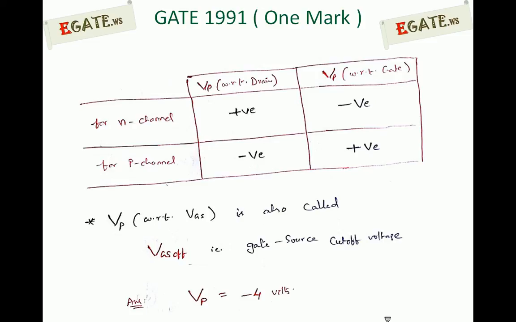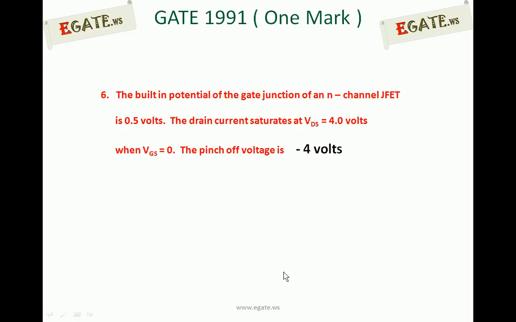So VP is minus 4 volts. VP with respect to VGS is the original, also called VGS off, whose value is minus 4 volts. This is the pinch off voltage required. So the correct option is minus 4 volts.